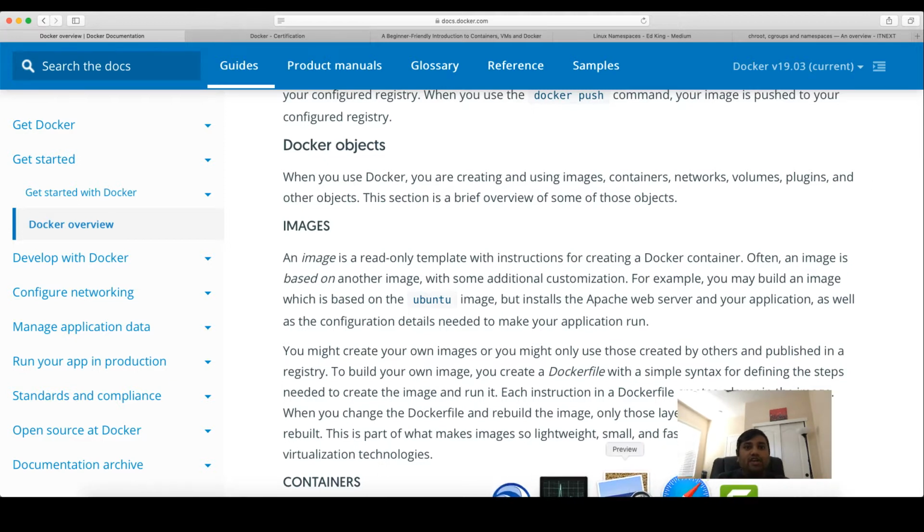Before we jump further into detail, I want to talk about a couple more things. The edition of Docker that we will be using in this training is Docker Engine for Community Edition. There are three variations of Docker out there. Number one is Docker Engine for Community, which is free; you can download and start using it.